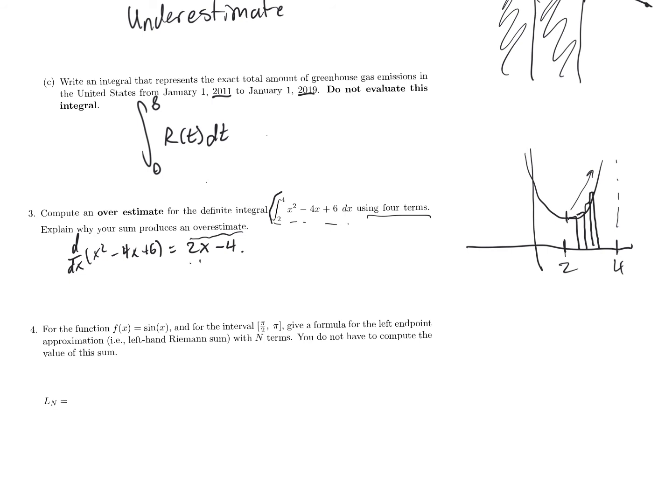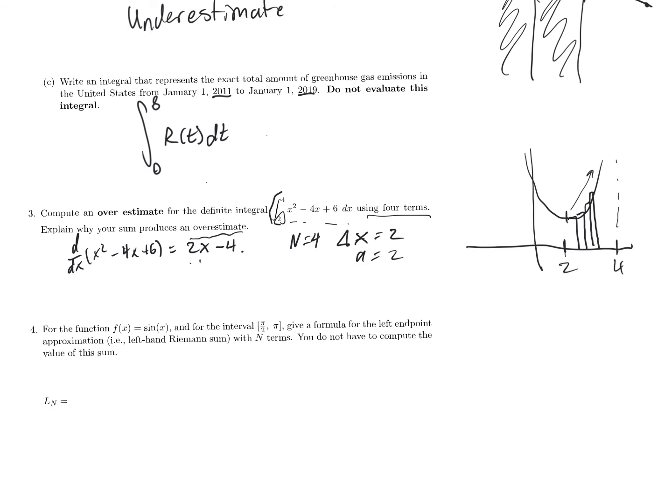So 4 terms, n equals 4. Delta x equals 2, right? And a is equal to 2 as well. That's kind of a coincidence. A is where I start.